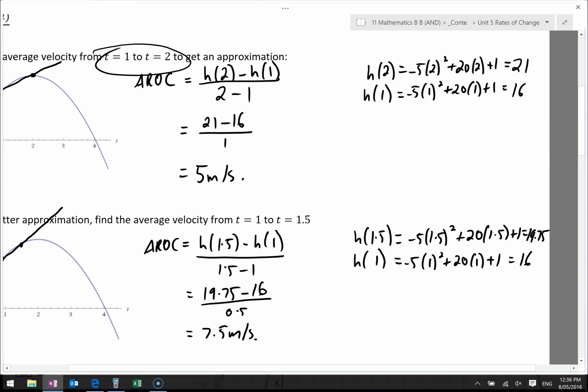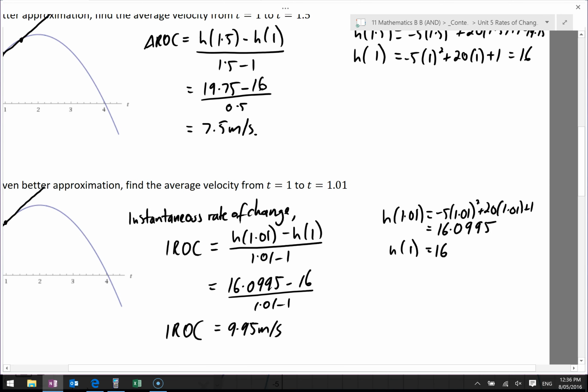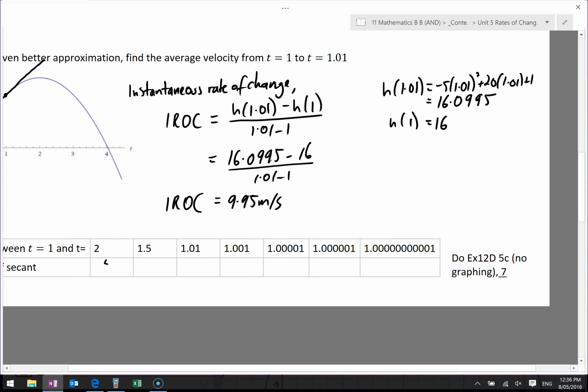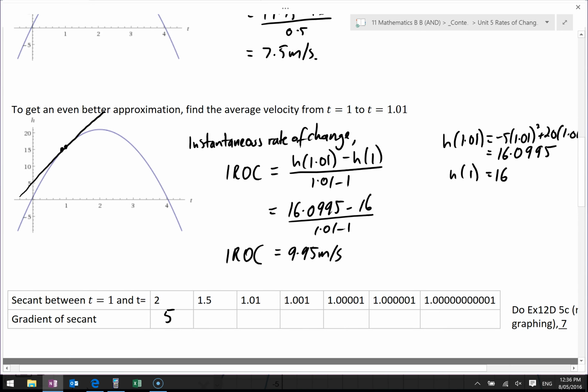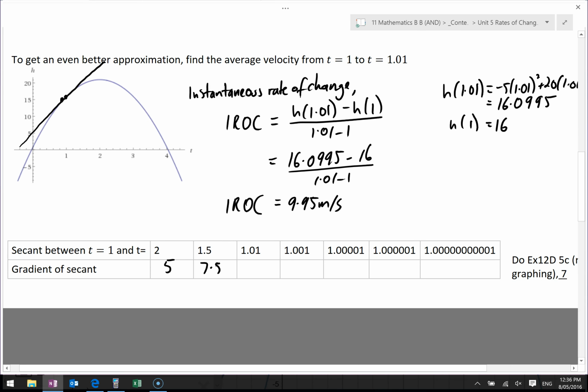So between 1 and 2, we had 5 meters per second. So I'm going to put that in the table at the bottom. Okay. So the secant or the chord between t equals 1 and t equals 2 was 5. Between t equals 1 and t equals 1.5, it was 7.5.